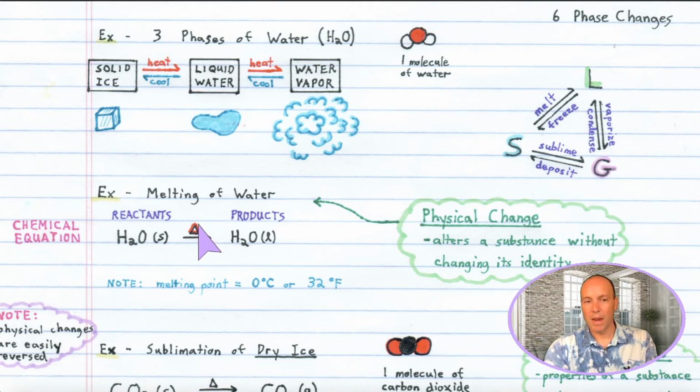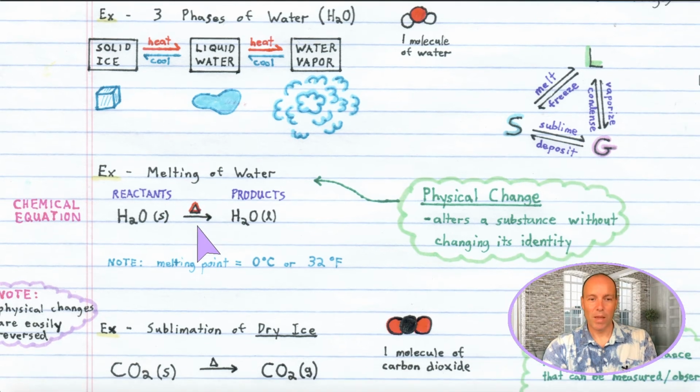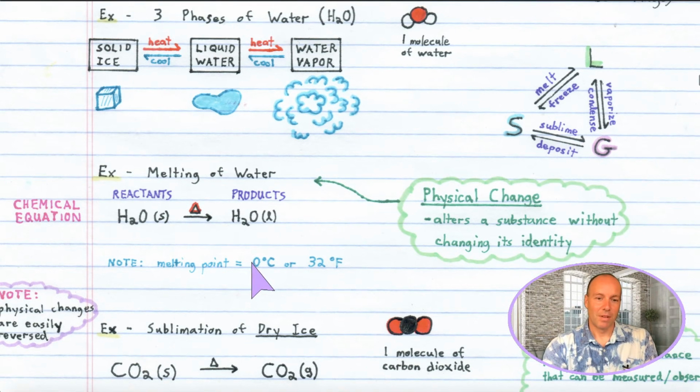Anything above the arrow is something that's added to the chemicals to help them change into the products. So in this case, the triangle represents heat. By the way, the melting temperature for water is 0 Celsius or 32 degrees Fahrenheit. We'll talk more about temperature towards the end of the chapter.